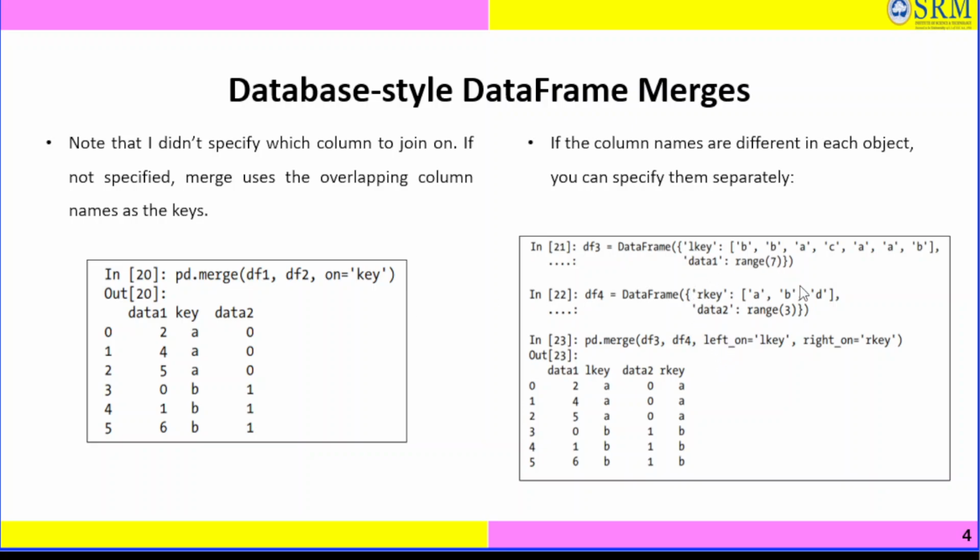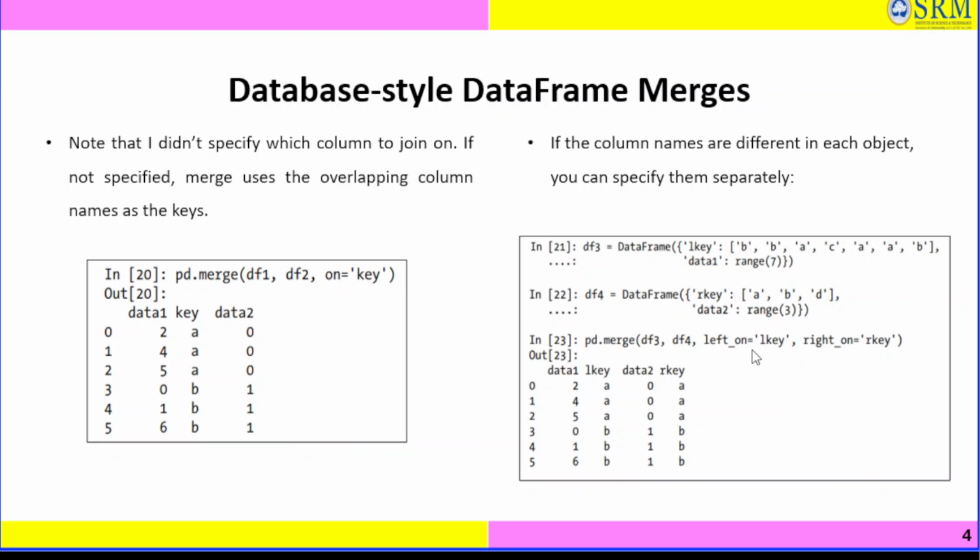And here in this example, we are using df3 and df4. In df3 we are having lkey and data1, in df4 we are having rkey and data2. When we are merging this df3 and df4, some other parameters are left_on equal to lkey and right_on equal to rkey.